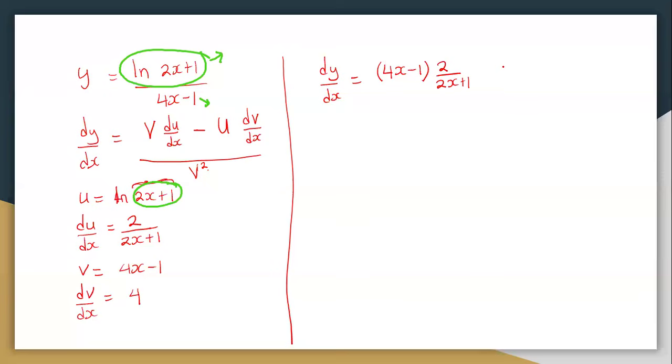Then minus my u, which is equal to ln of 2x plus 1, then dv/dx, which is equal to 4, then all over v squared, which is 4x minus 1 into brackets squared.